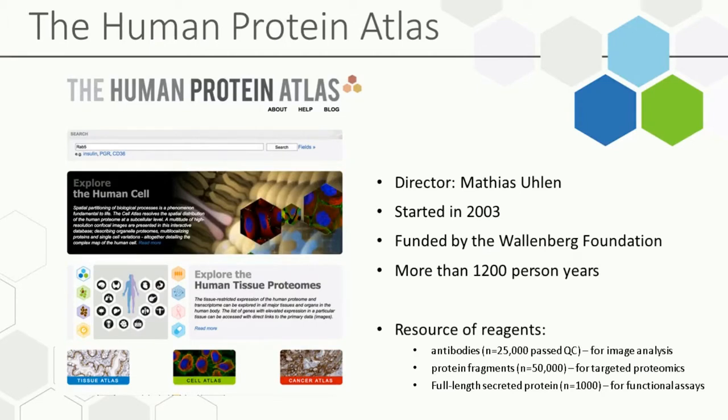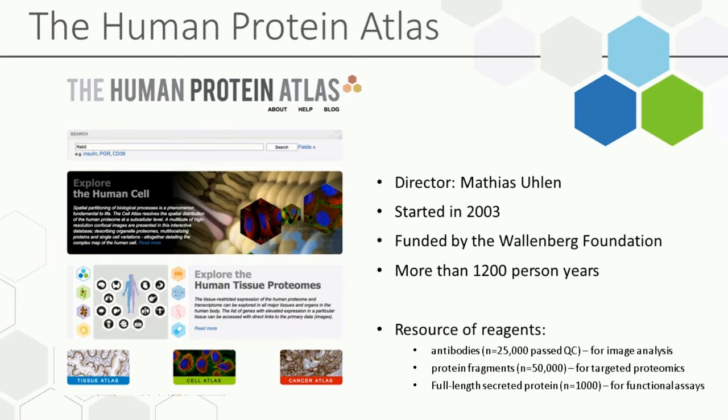As an introduction, the Protein Atlas started actually 14 years ago. It is funded by a non-profit organization here in Sweden called the Knut and Alice Wallenberg Foundation, and we have now spent more than 1,000 person years on this project.